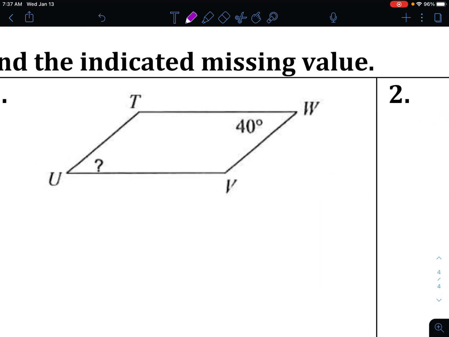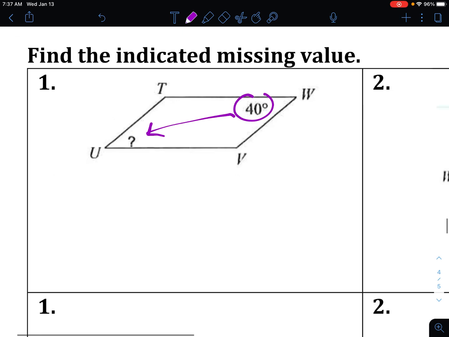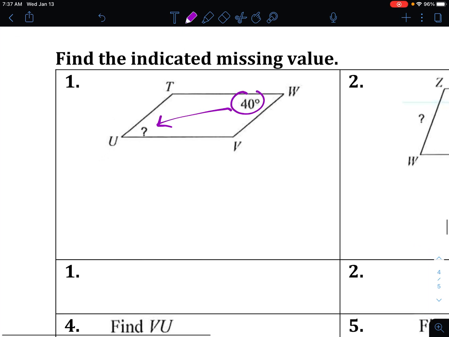So, nice basic ones. Here's a number. They give me 40 degrees. It's an angle. So there are two things we know about parallelograms, right? We know that the opposite angles are congruent and consecutive angles add to 180. Well, these angles are opposite of each other. They are congruent. So angle U is equal to 40 degrees.